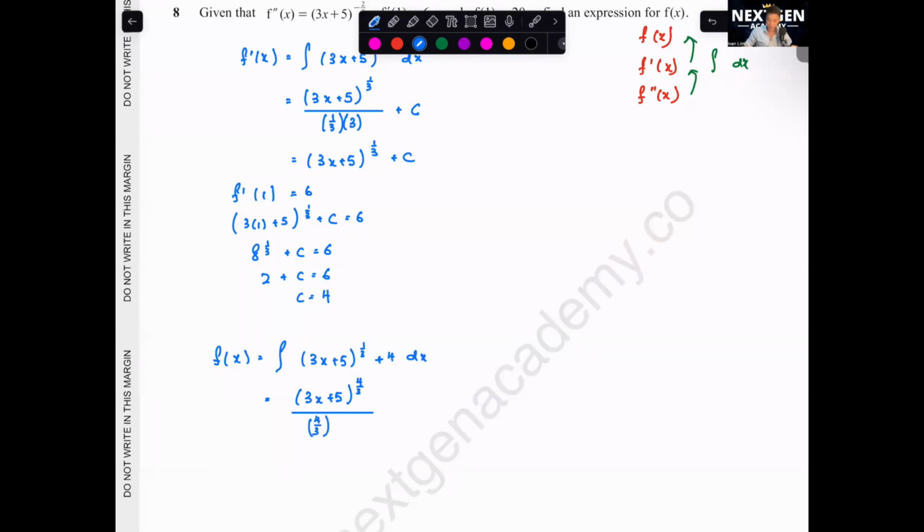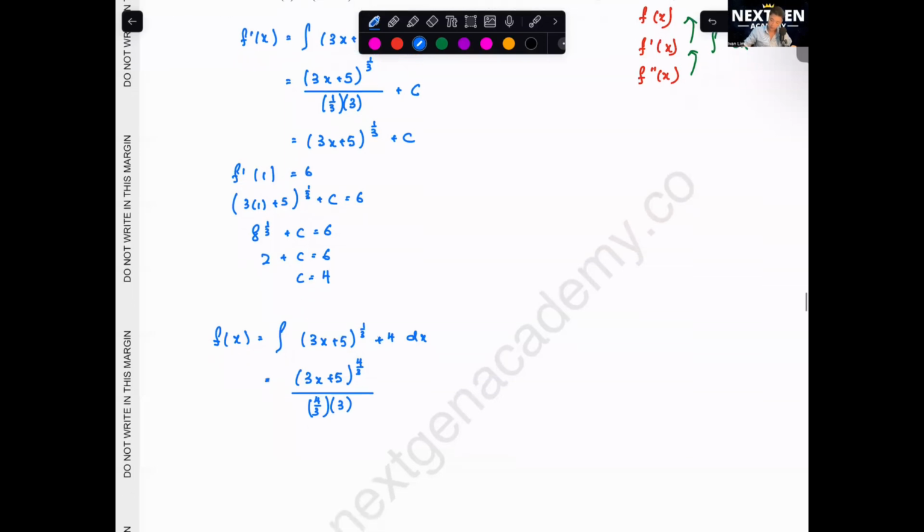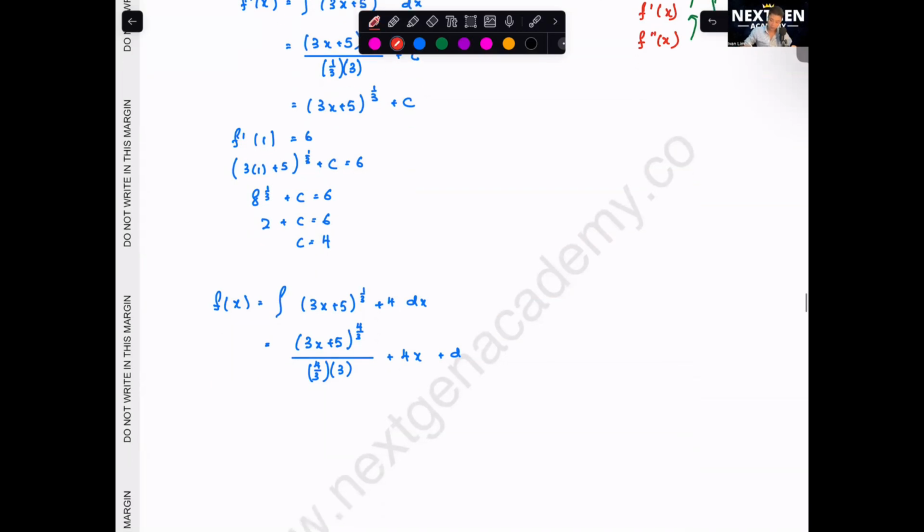Differentiate the bracket inside and then divide it, you get 3, plus 4x plus d. Right now you write d because now it is the other constant. Cancel the 3 at the bottom. We simplify to this, so it becomes (3x plus 5) to the power of 4 over 3, over... plus 4x plus d.